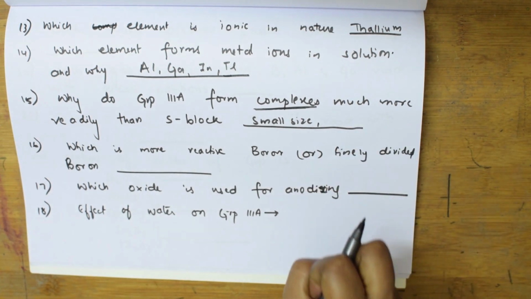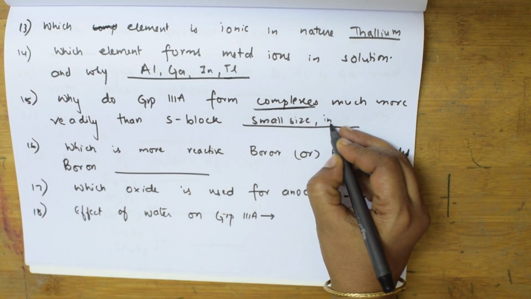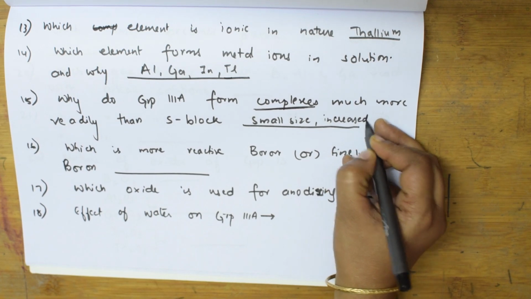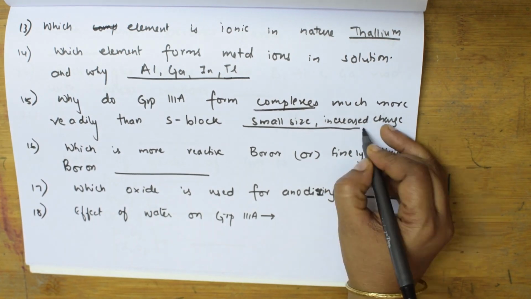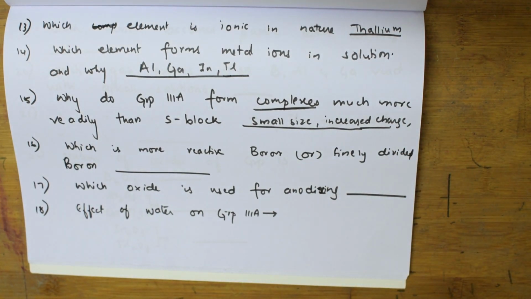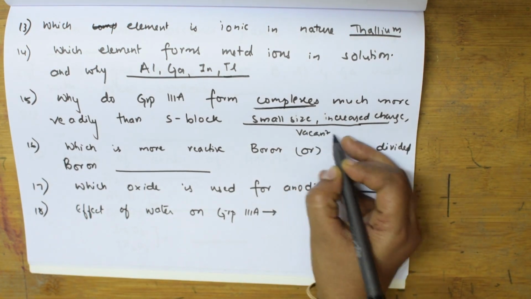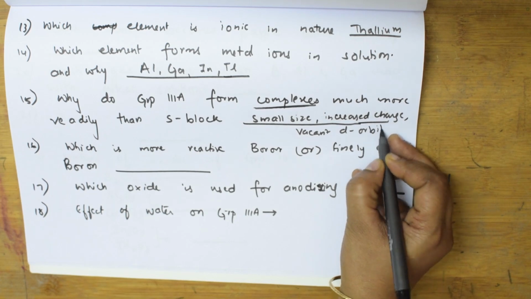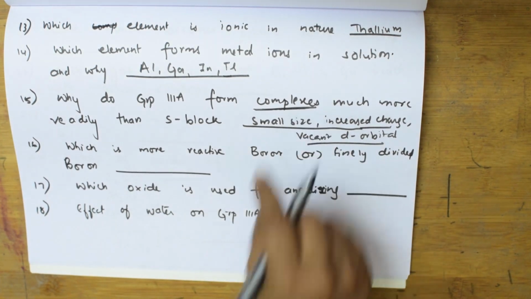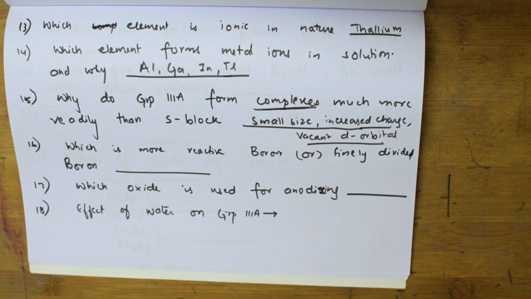Small size means it draws the electron density. So the next concept is increased charge. Next concept after this, vacant d orbitals. So these are the characteristics because of which it is able to form complexes.